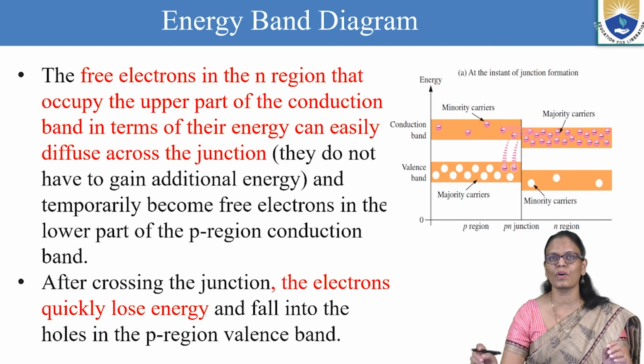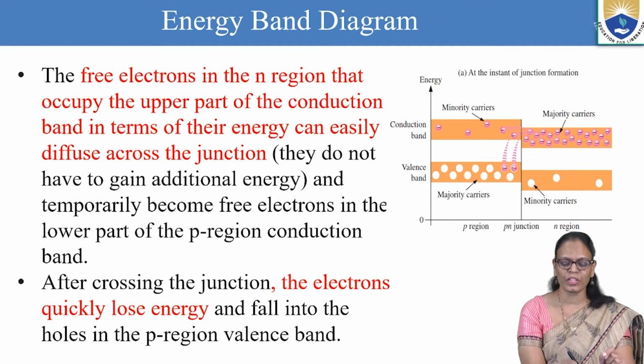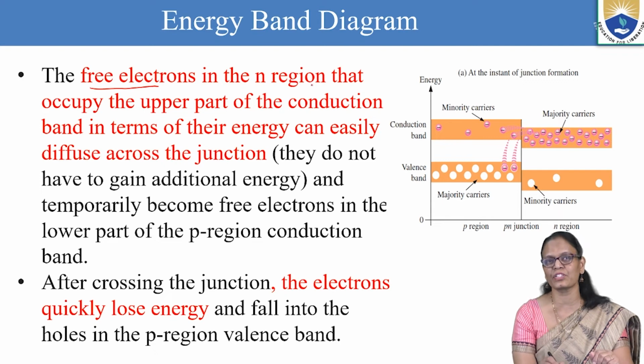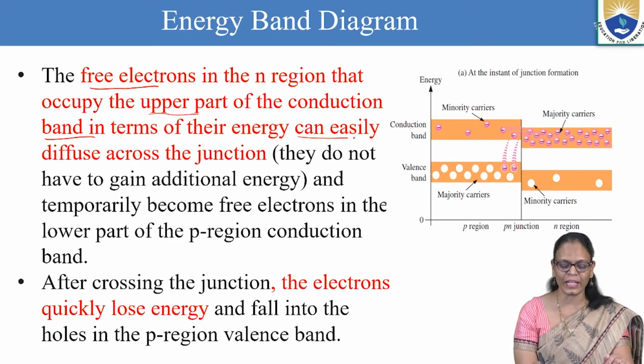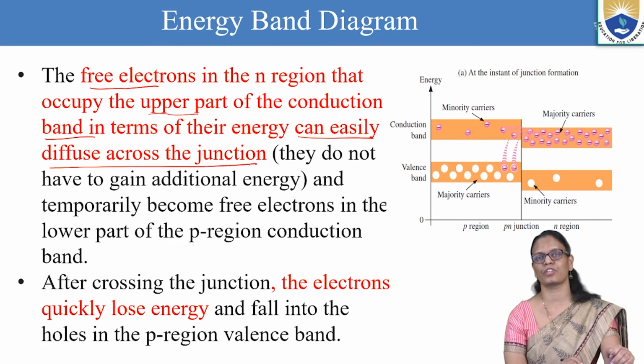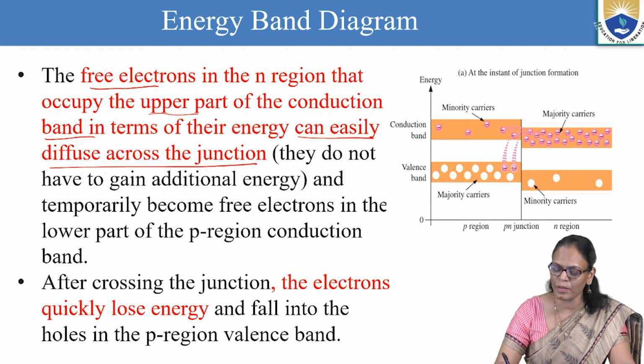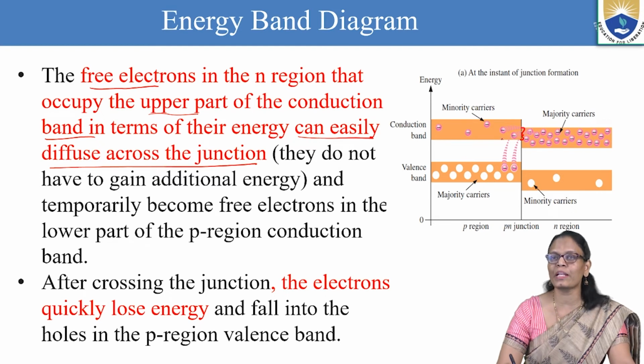Because of this overlap, the free electrons in the N region that occupy the upper part of the conduction band, in terms of their energy, can easily diffuse across the junction. This is the overlap between the P and N regions, and these are the electrons lying in the top levels of the conduction band.